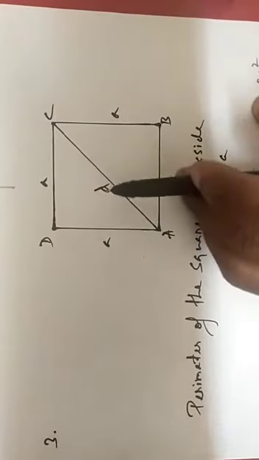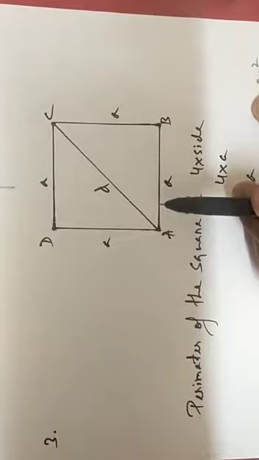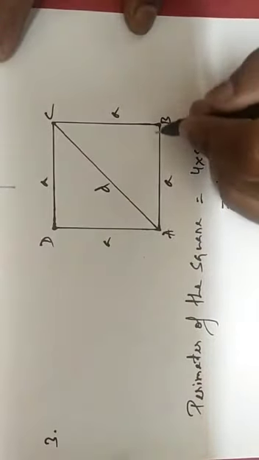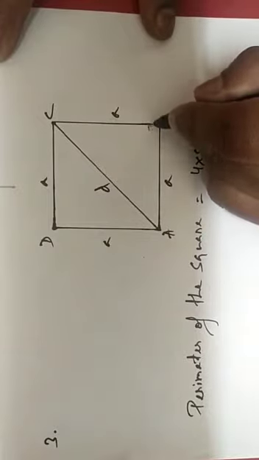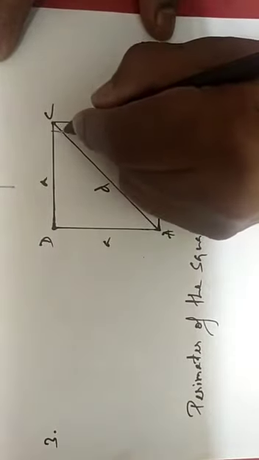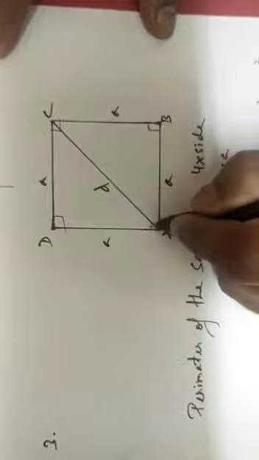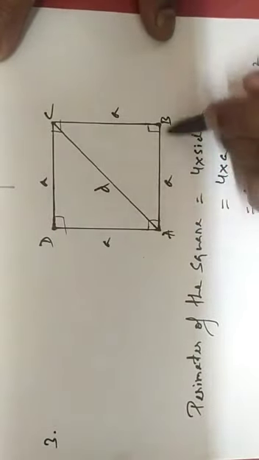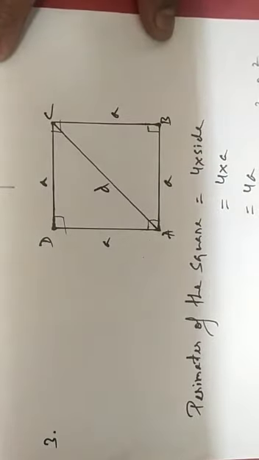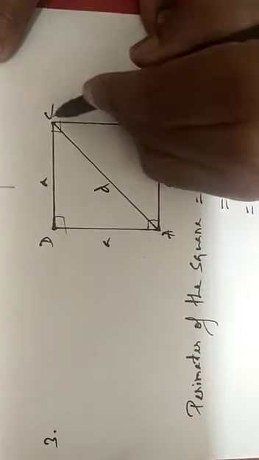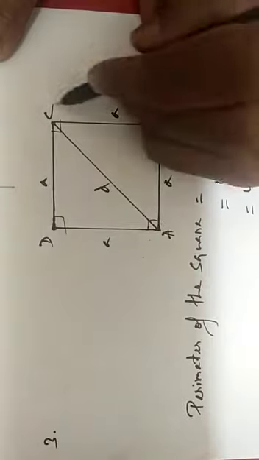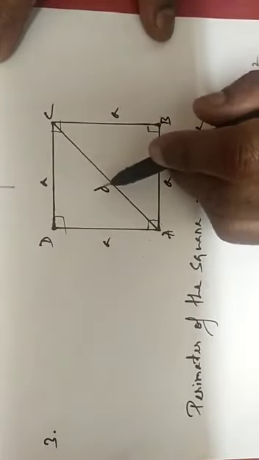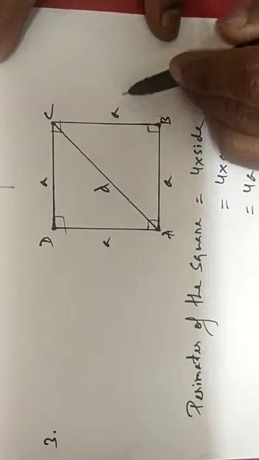Now if D is the diagonal of this square ABCD, in the same way, all the angles in a square are 90 degrees. So according to the Pythagoras theorem, AC square is equal to AB square plus BC square. In place of AC I can write D. So D square is equal to A square plus A square.